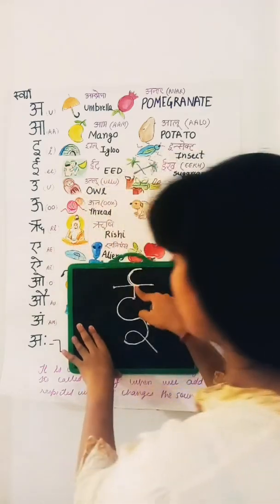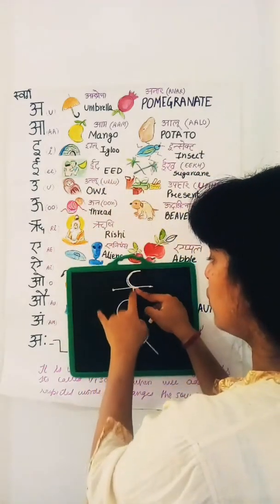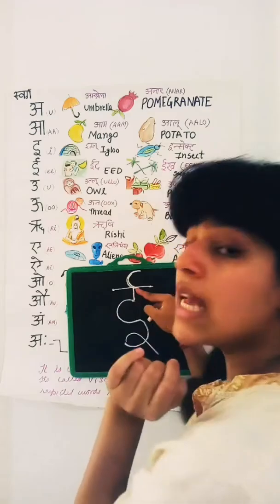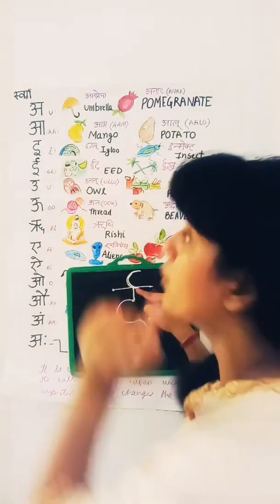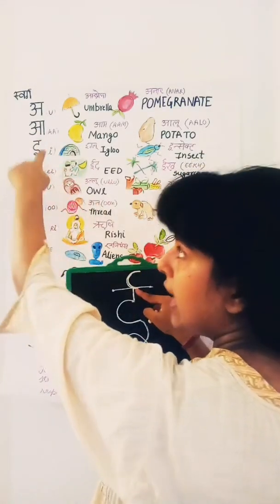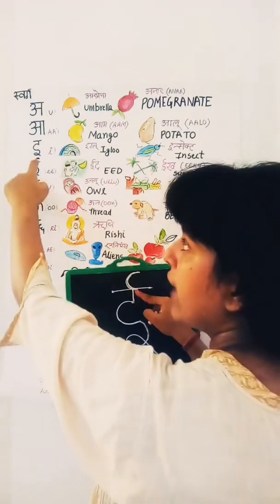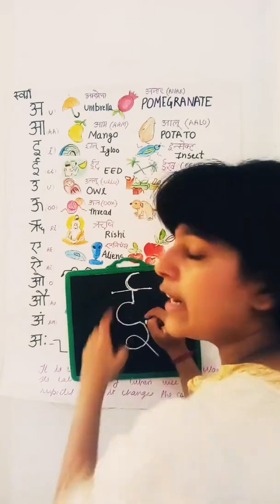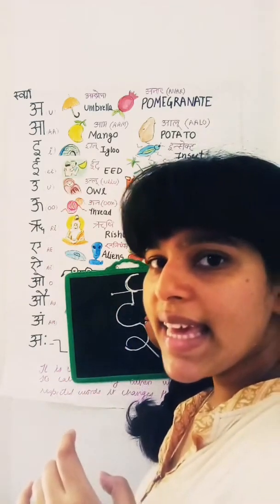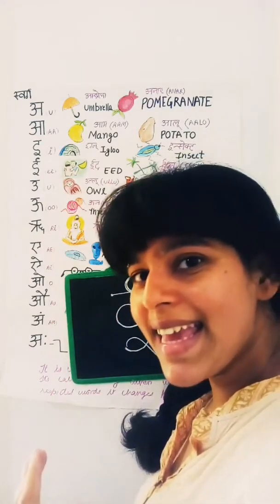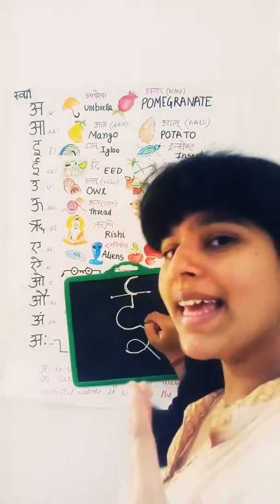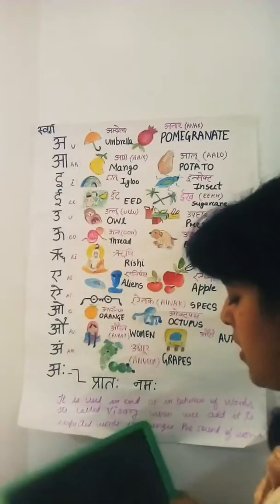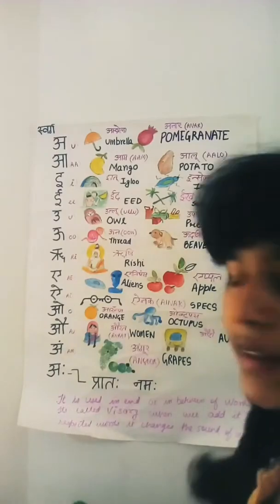So when you add the small arc to the E, it becomes a new letter. Before we learned E, and now we learned that when we add the small arc above, it becomes E for eek. Then we come to the next letter.